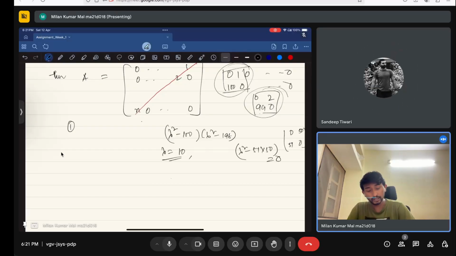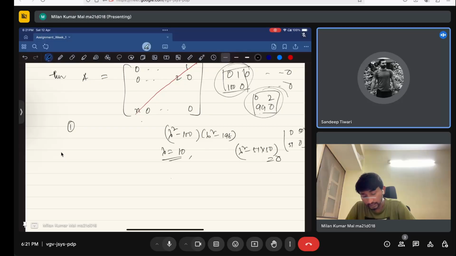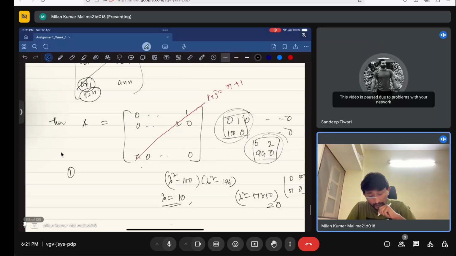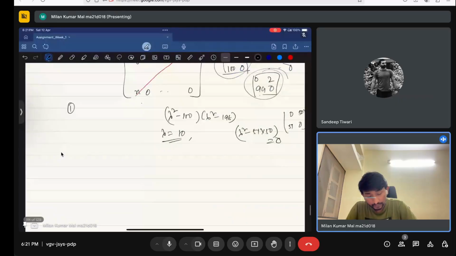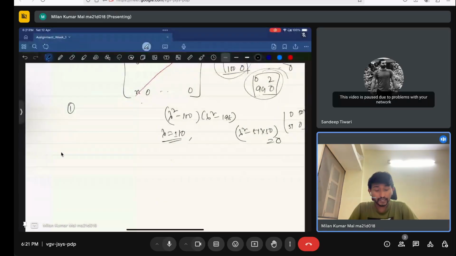Therefore one eigenvalue is 10, that's true, and the other eigenvalues are plus minus 10 and so on.